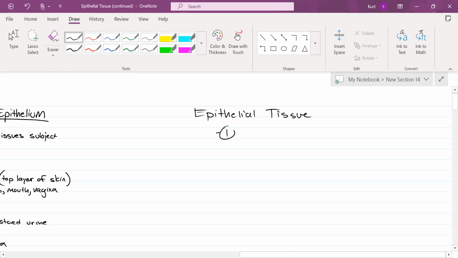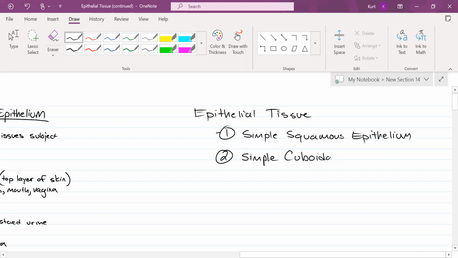We did 1, simple squamous epithelium. 2, simple cuboidal epithelium. 3, simple columnar epithelium.